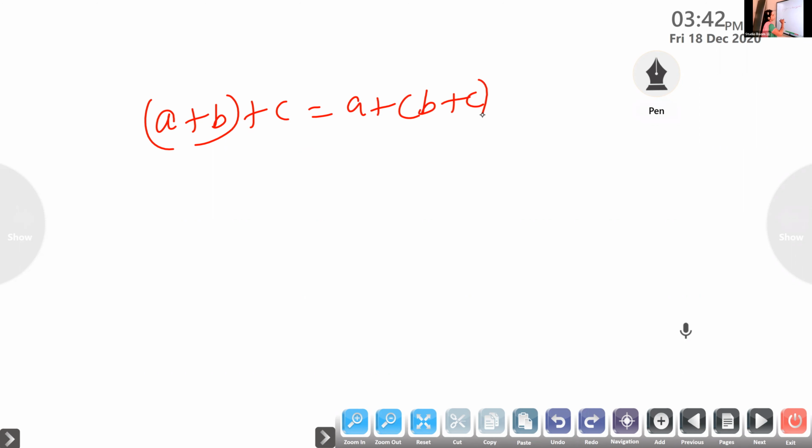In the same way here, Z1 plus Z2 plus Z3 will be the same as Z1 plus Z2 plus Z3. In complex numbers, addition is associative.